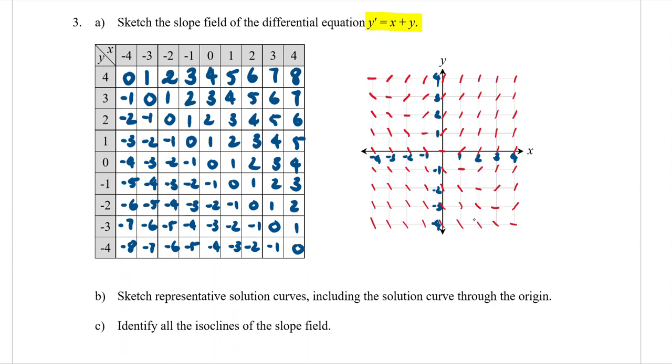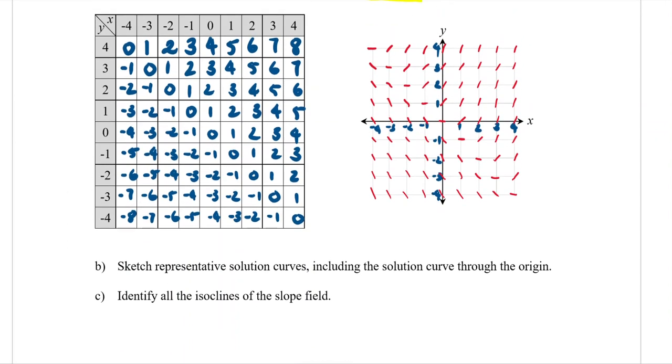All right. So sketch the representative curves, including the solution curve, through the origin. What you will notice is that we have those gradients of 0 coming down that diagonal, right? Draw it in different colors.